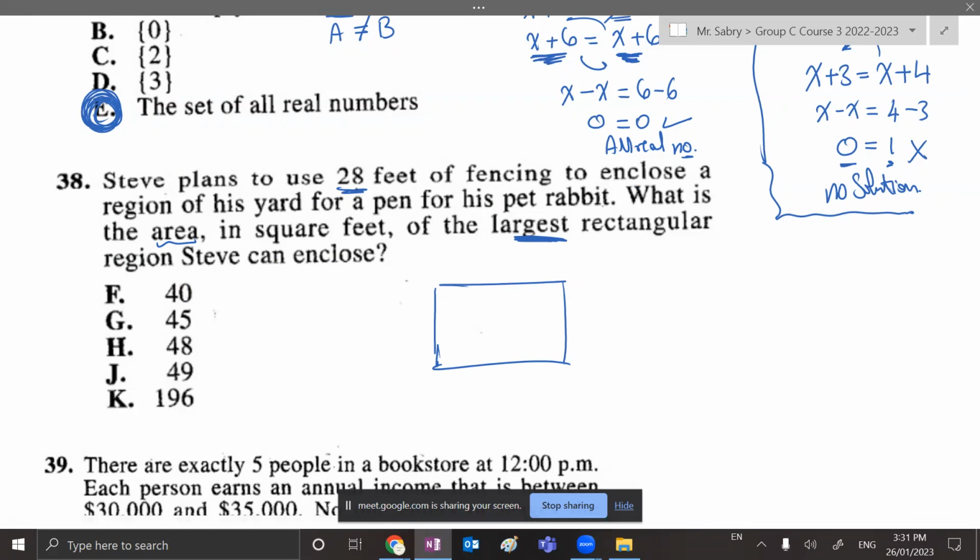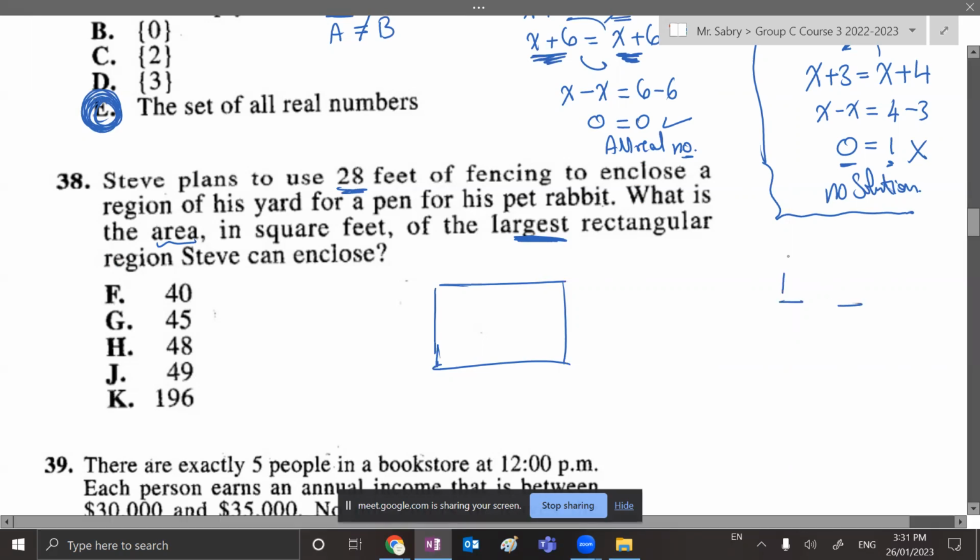Better, I got it now. In this one, we need to understand something. If we have two things multiplied, A multiplied by B, and I need the answer of that to be the biggest answer possible, then I need these two numbers to be the biggest numbers possible.